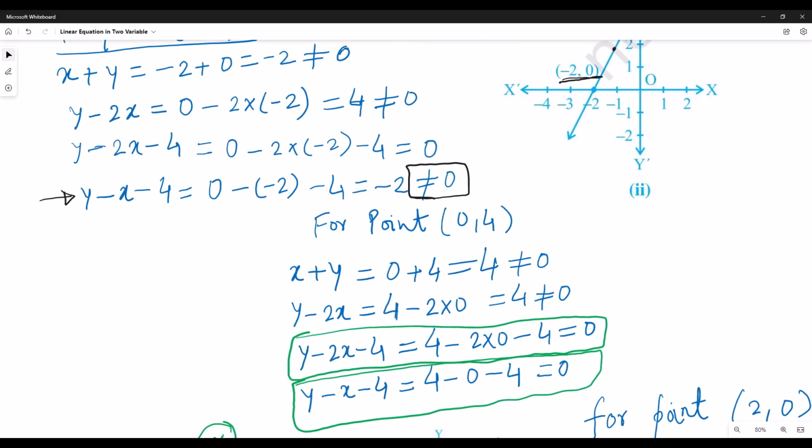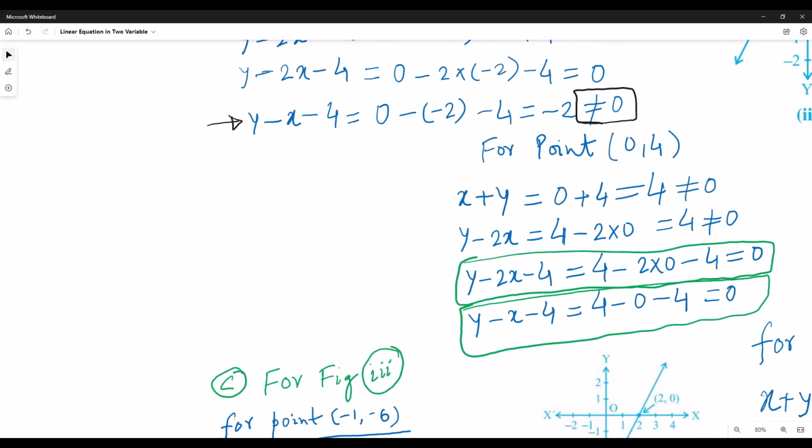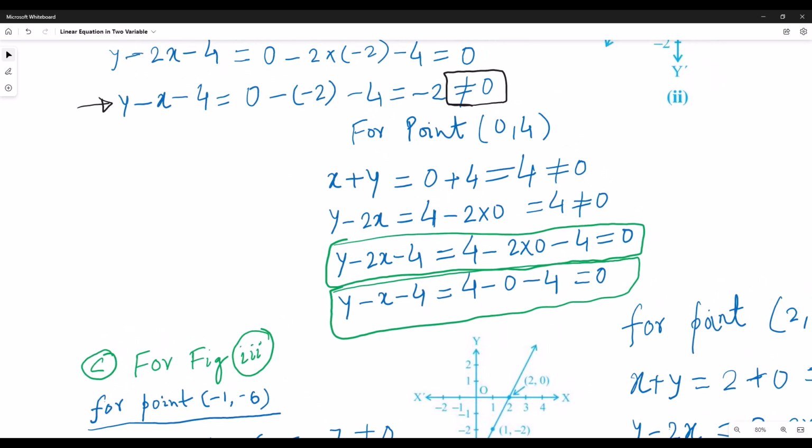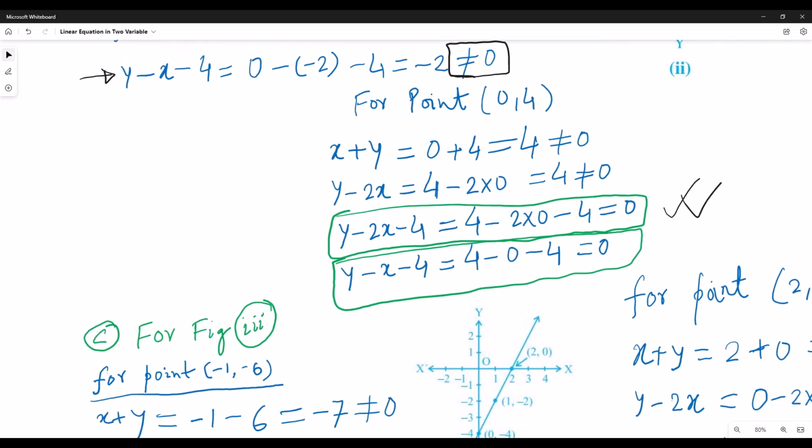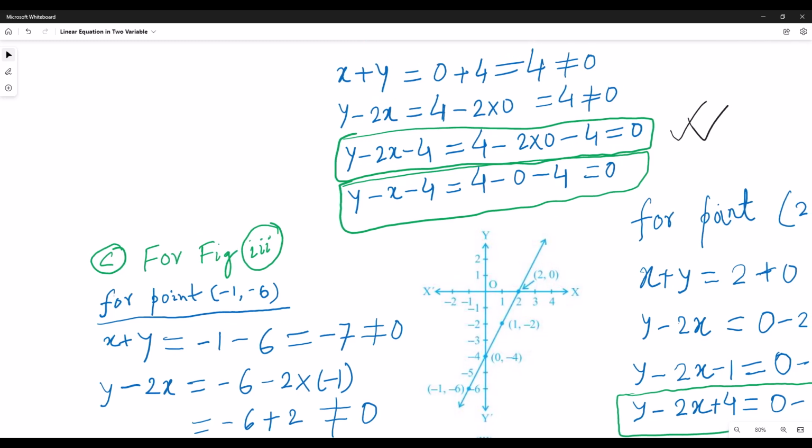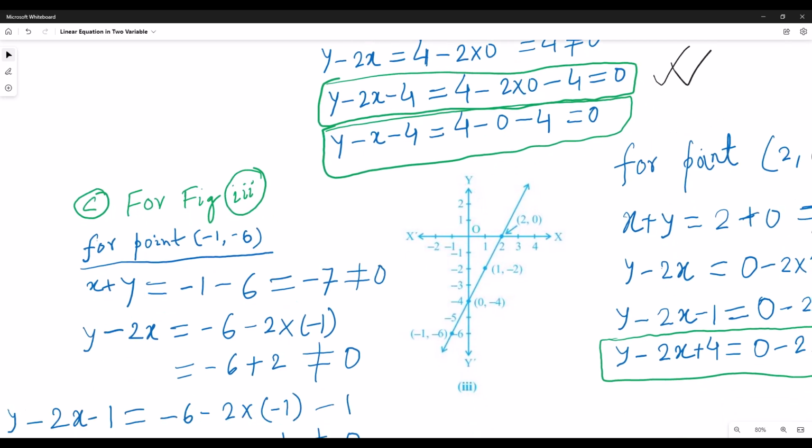and we will see that for y minus 2x minus 4, this is true. Okay, for all the 3 points, this is the only equation for which it is true. So this is the equation. So that is the same thing you have to do in all the problems.